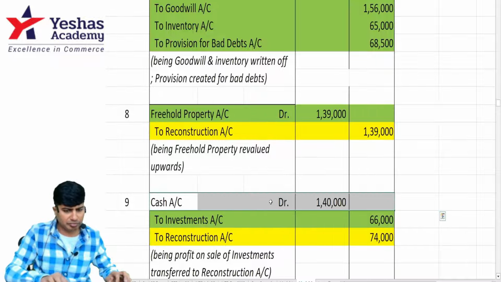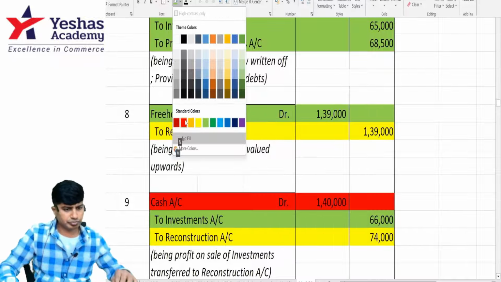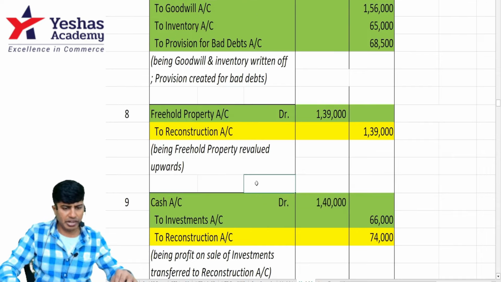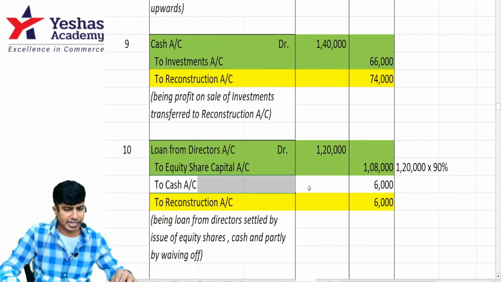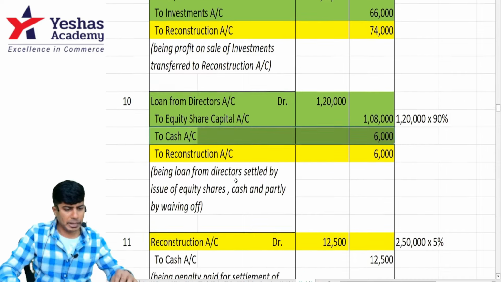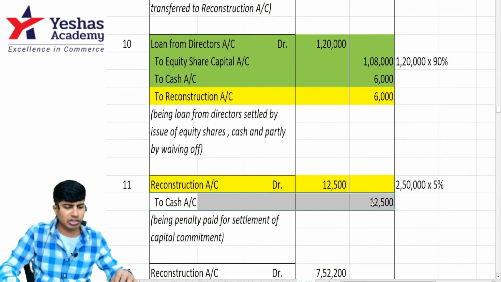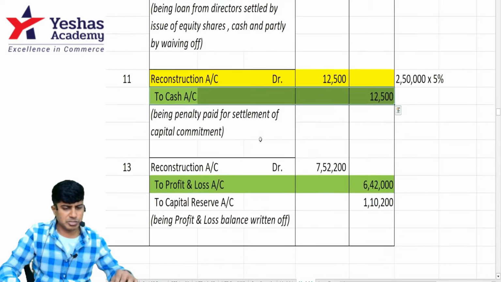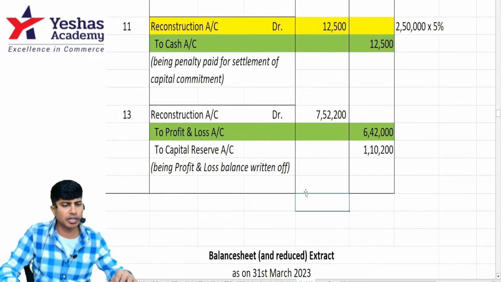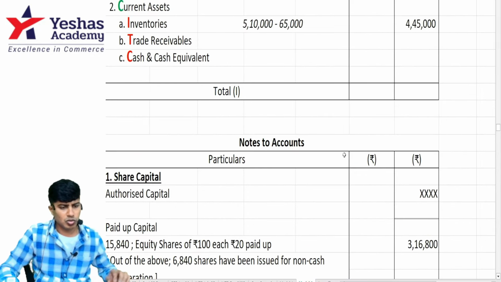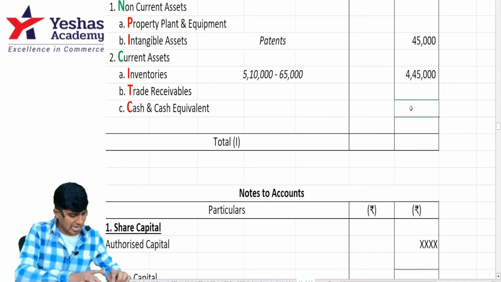Add 1 lakh 40. Then deduct 6,000, loan repaid. Deduct 12,500, reconstruction expense paid. How much do we get? 1 lakh 76,500.